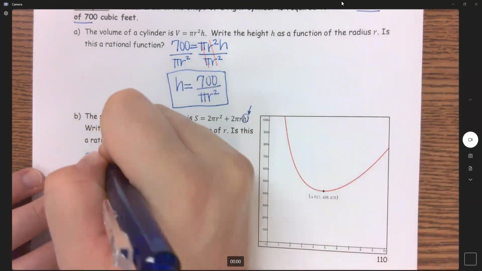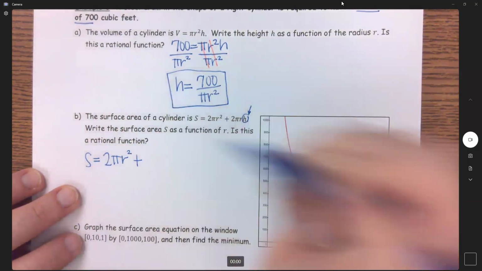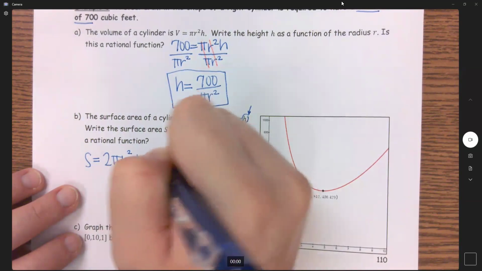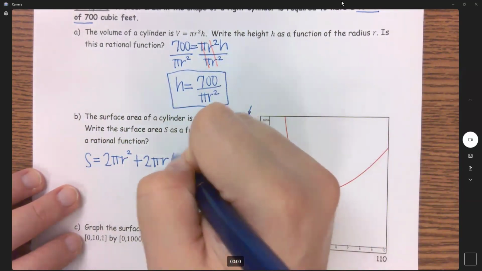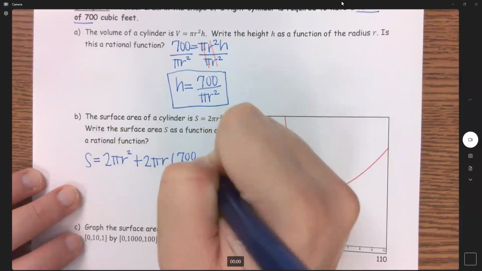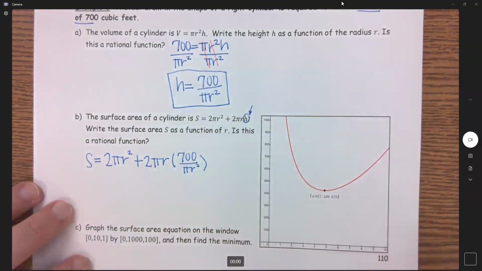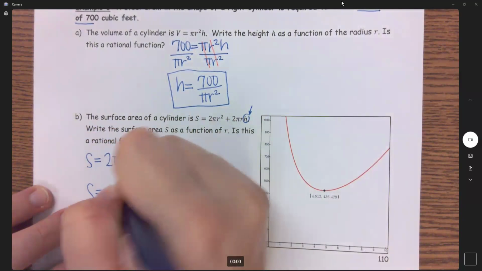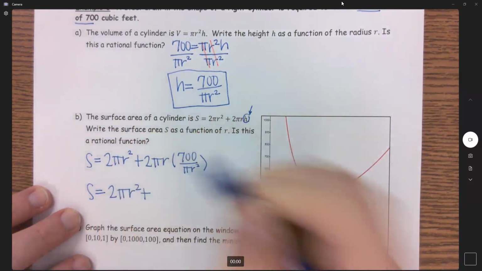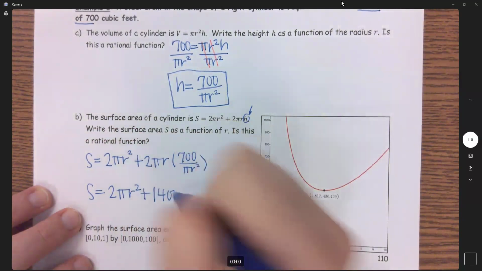So I have S equals 2 pi r squared plus 2 pi r, and then my h is 700 over pi r squared. So if we simplify, we get 2 pi r squared plus 2 times 700, which is 1400.